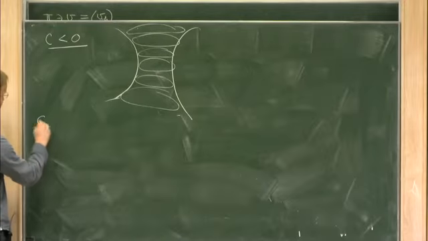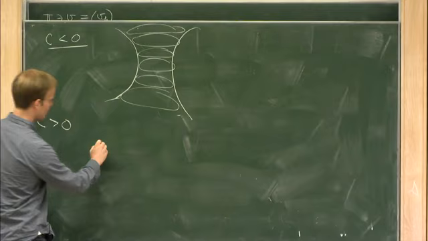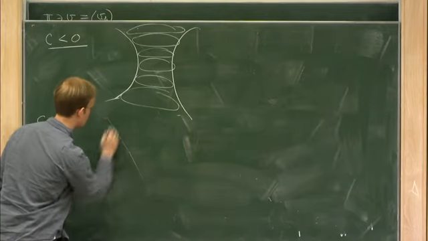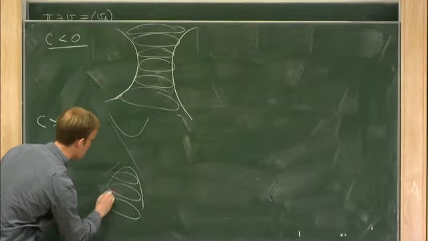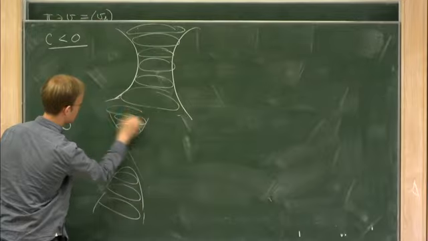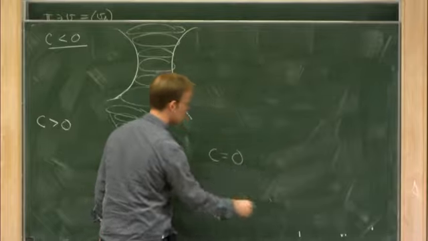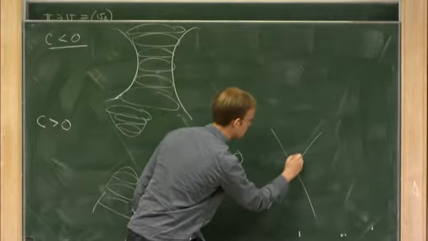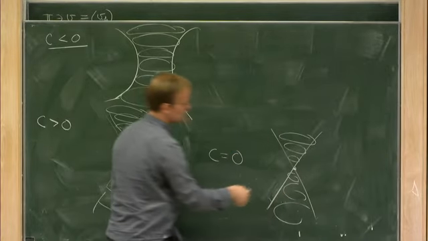If C is greater than 0, we'll get a two-sheeted hyperboloid. So it'll look something like, we'll have two halves, one down below, one above. And if C is equal to 0, we get some kind of degenerate case in between the two, where there's this one point here where it's kind of singular.